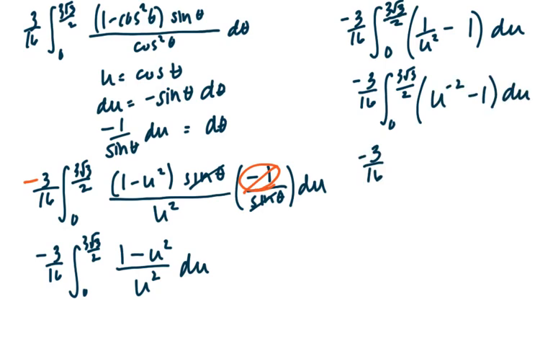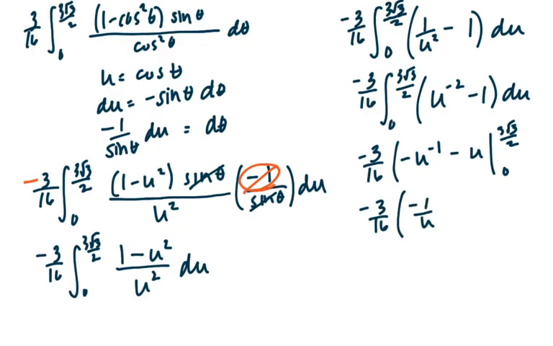Now we can integrate. So we have negative u to the minus 1 minus u from 0 to 3 square root of 3 over 2. Now remember, since I'm working in trigonometric functions, before I go back to them, I need negative 1 over u minus u from 0 to 3 square root of 3 over 2.